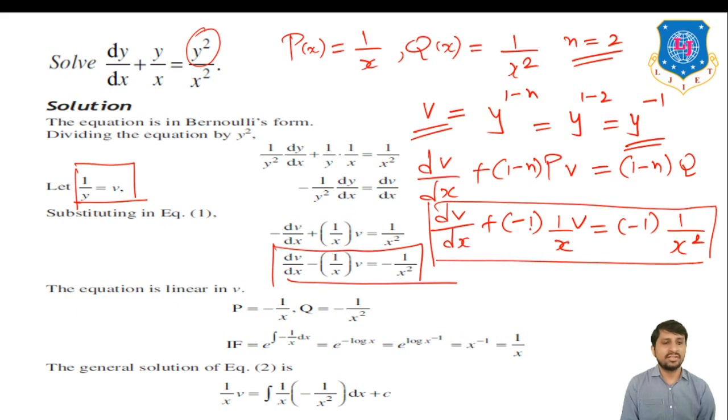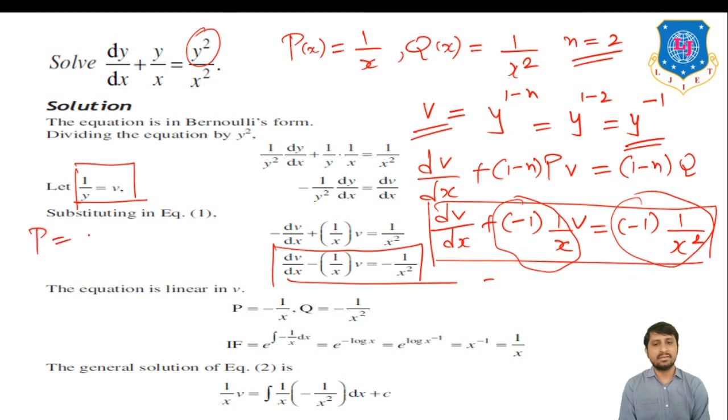So now what is your new Q? This is your new P, and you can say P1. So now your new P is -1/x and Q is -1/x².